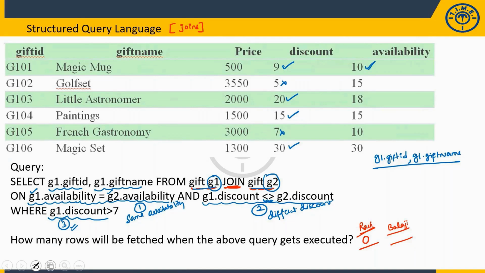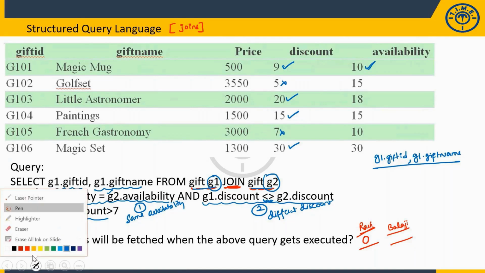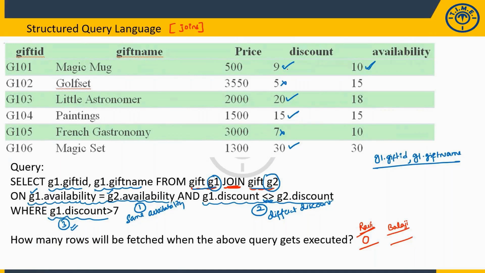Please try to understand. This is gift 1. Whether this record is to be selected or not, we have to check. What is the condition? Availability equal to availability. How many rows are there? 6 rows, and the 6 rows of G1 are compared with the same 6 rows of G2.